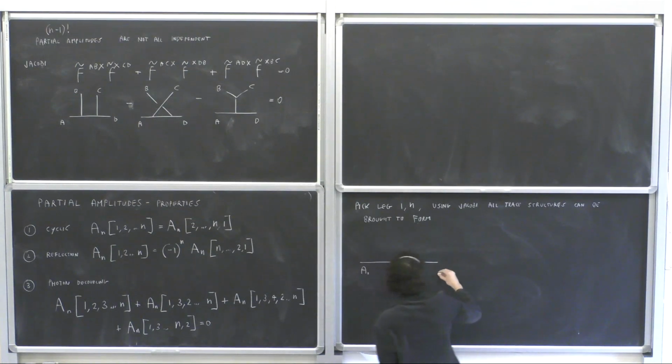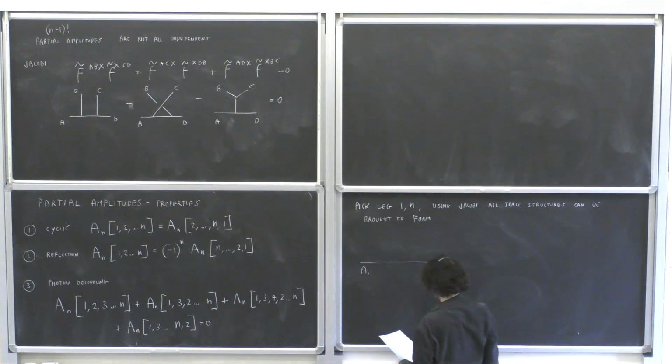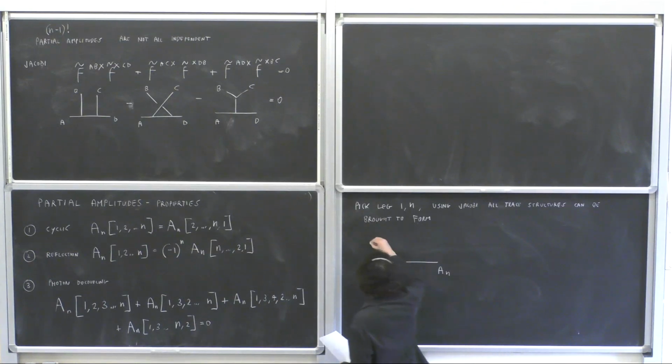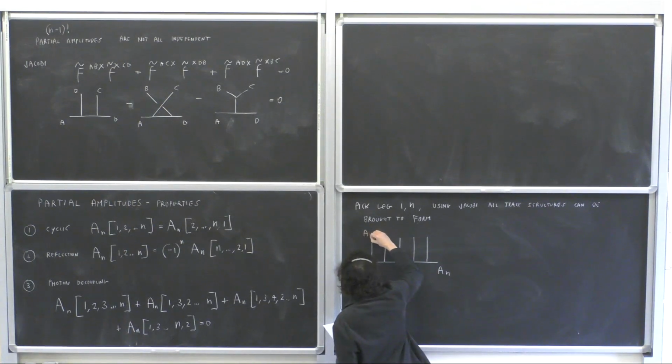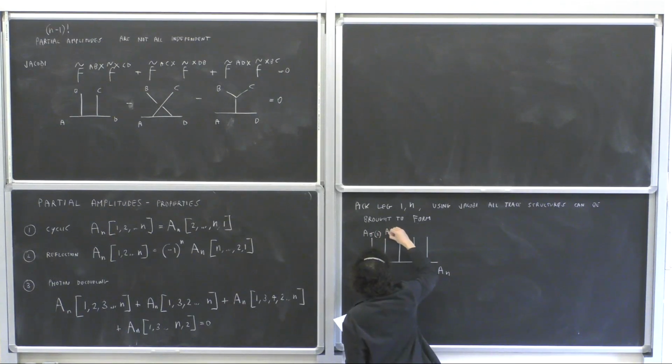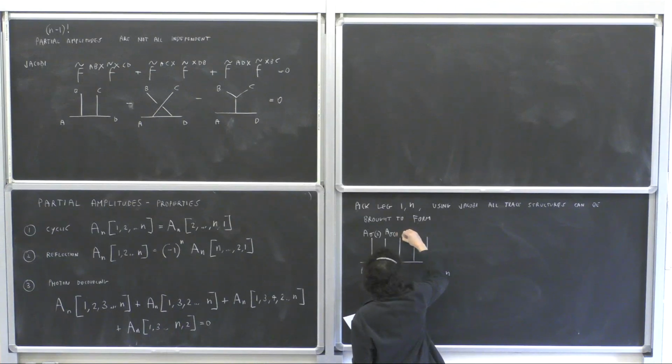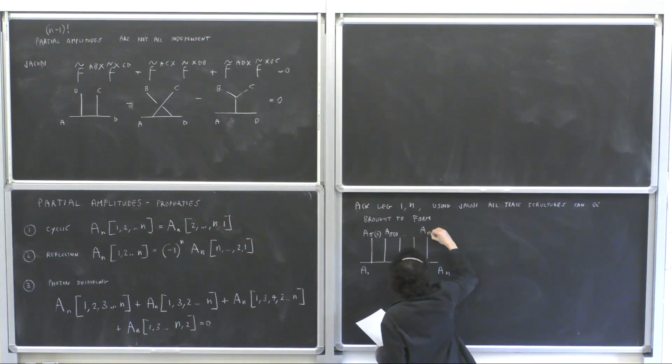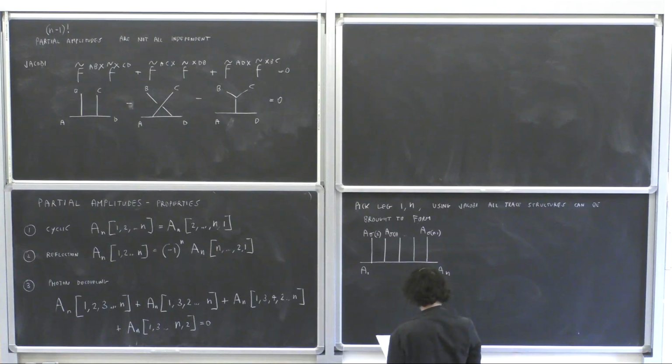We have the index corresponding to 1, and then a line is displayed like this, and then any permutation of the others is inserted in this way. So this would be sigma of 2, this would be sigma of 3, up to sigma of n minus 1, where this is a permutation of those indices.